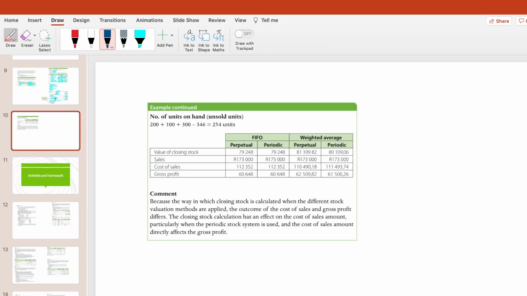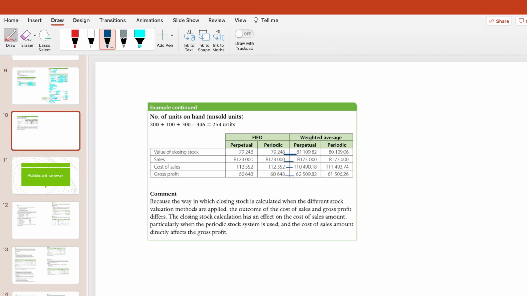And now to continue. My unsold units is then the 254, and you can also see the difference between the value of closing stock. There's a difference between the two over there. The sales are the same. The cost of sales is also different, and the gross profit will be different.